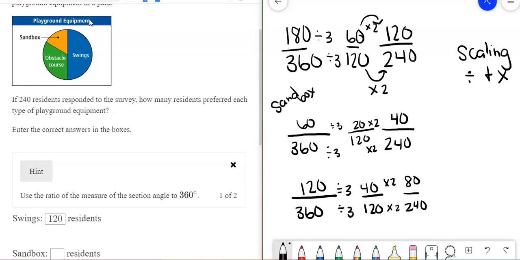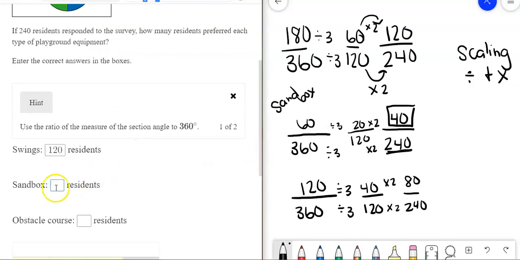So sandbox, if you use your protractor, you should have gotten 60 degrees. So my part is 60. My whole is 360 because 360 degrees is the circle. So I'm going to do the divide by 3 and times by 2 because we need 240 on bottom because that's how many residents there are. So 60 divided by 3 is 20. 20 times 2 is 40. So 40 residents there.